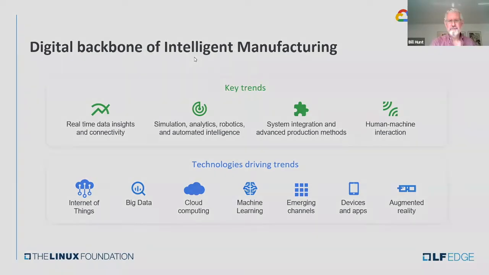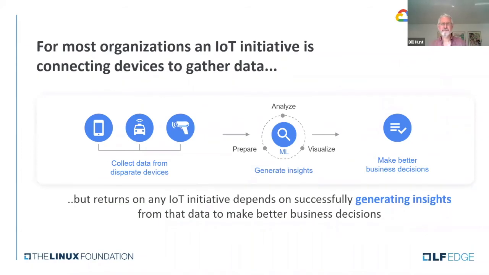So for most organizations, as Daniel was describing, the foundation of this IoT initiative is collecting the devices, connecting devices to gather data and drive decisions. An important part in the middle there is generating the insights from that data. Those insights, that analysis, is really what drives those better decisions.